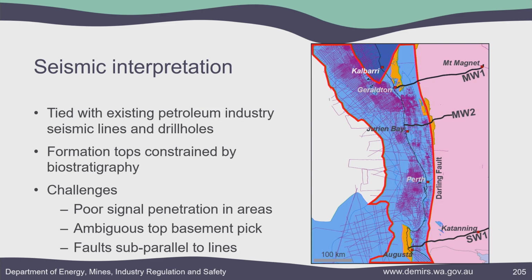And those formation tops must be constrained by biostratigraphy so that we know the age of the layers that we're interpreting in the seismic. But there's still a lot of challenges to this particular seismic interpretation project. Like any project, we have poor signal penetration in areas, and there's a lot of ambiguity as to where the top basement pick and where certain faults are.